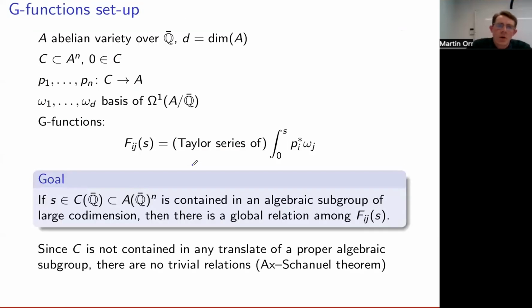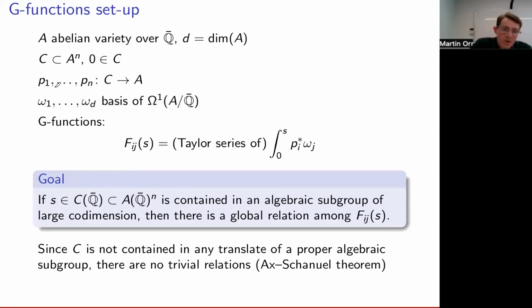Okay, so how do we set this up? We take some abelian variety, and I'm going to write d for the dimension of my abelian variety A. I'm going to consider my curve to be contained in some power of A, as I said in the theorem, and I impose this condition that 0 is a point in the curve.